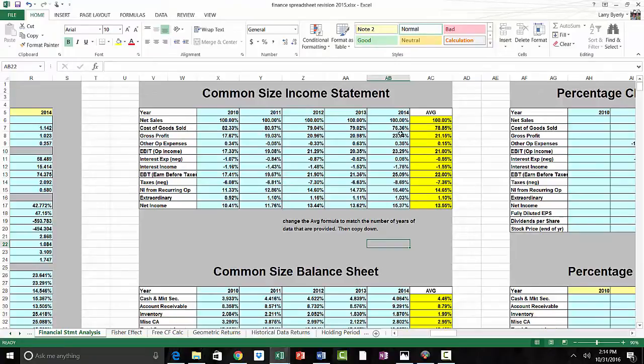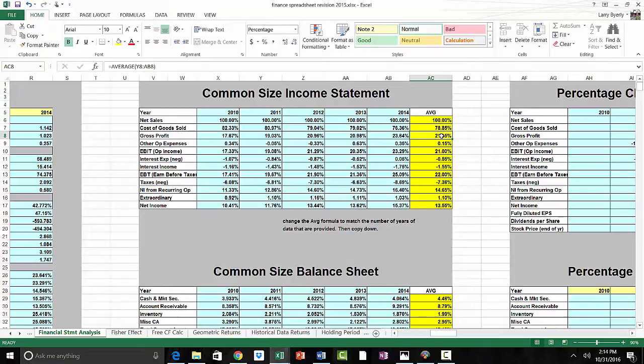So in 2014, the company had 23% gross profit. That means that after they produced everything they're going to produce in the form of cost of goods sold and or services provided, the gross profit shows how much money is left over to pay for the rest of the items.